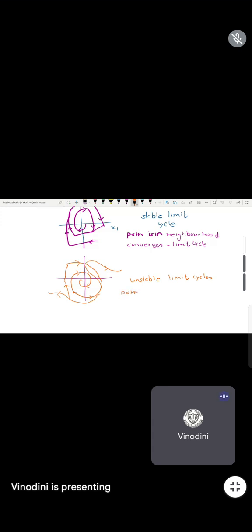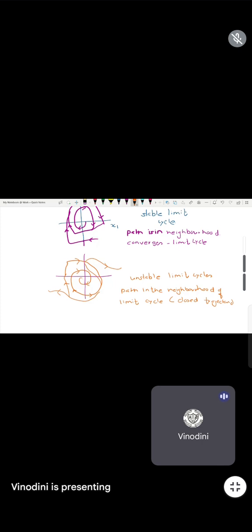The limit cycle is a closed trajectory, but it is not within tolerance, it is going to diverge away from it.